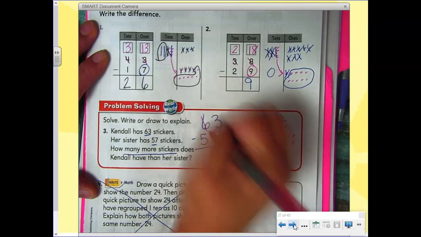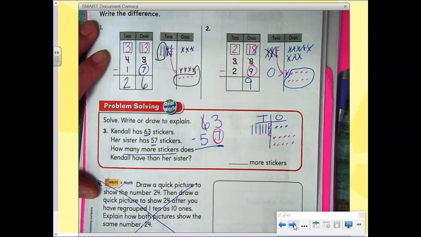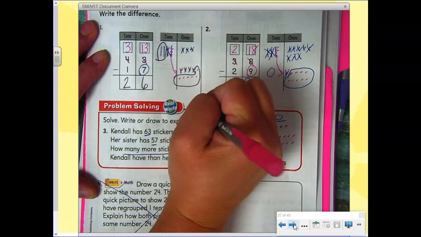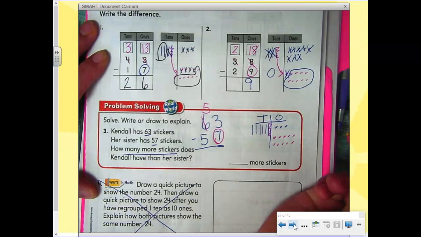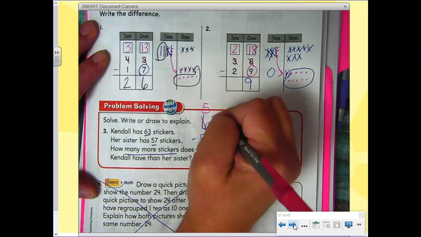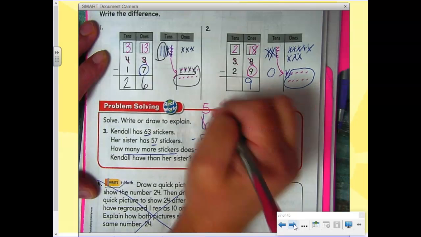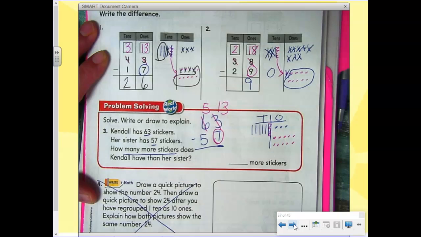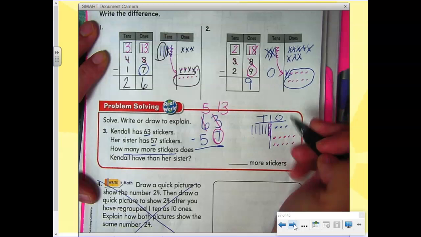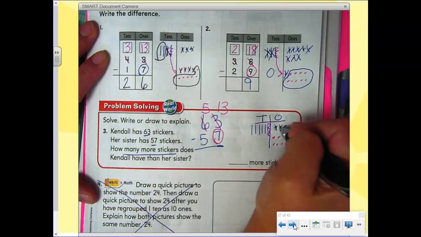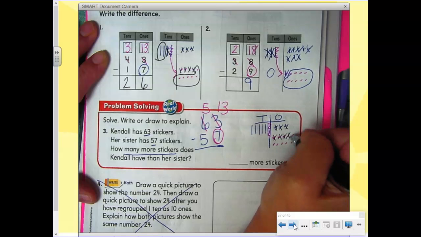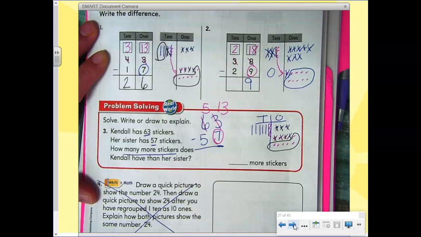So 6, we take a group of 10 away, is 5. And here we added the group of 10, so 10 plus 3 is 13. Now we can subtract. Take away 7. 1, 2, 3, 4, 5, 6, 7. All right, how many do we have left?